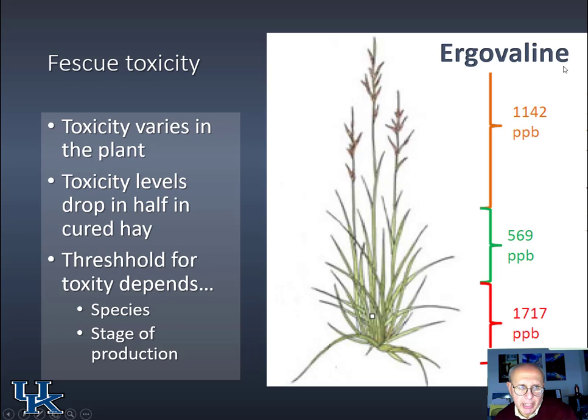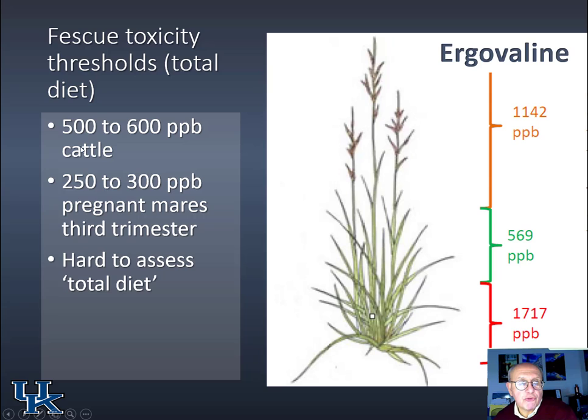So once you cut a fescue plant and it begins to cure and dry, the natural respiration and chemistry ongoing in those leaves will metabolize ergovaline to non-toxic compounds. Interesting forage trivia for today: when is hay better after it's cut than before?